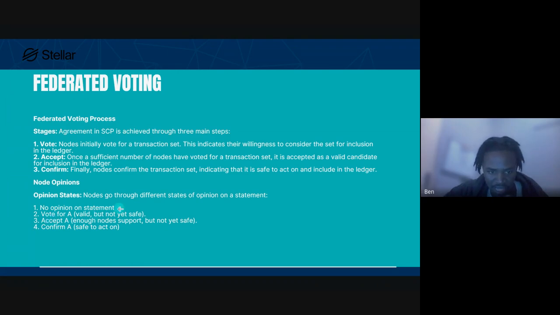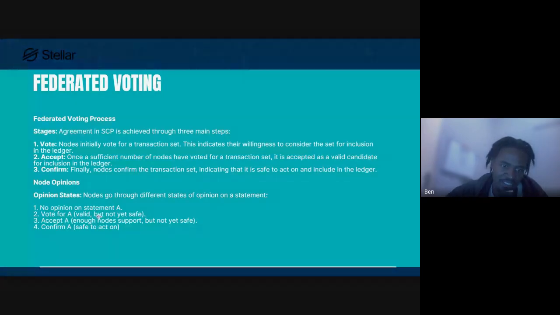some nodes start picking up the transaction, and 2 out of 4 nodes agree that, okay, this transaction is valid. But from a point of view, the statement will also seem to be valid, but it's not yet safe.